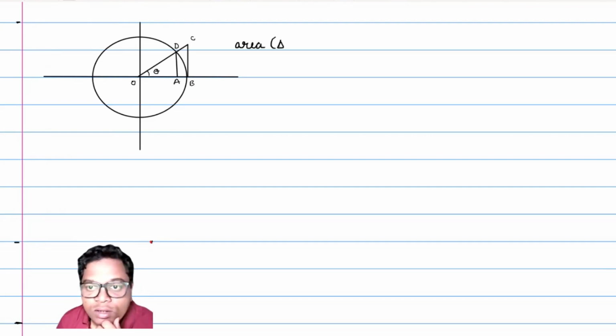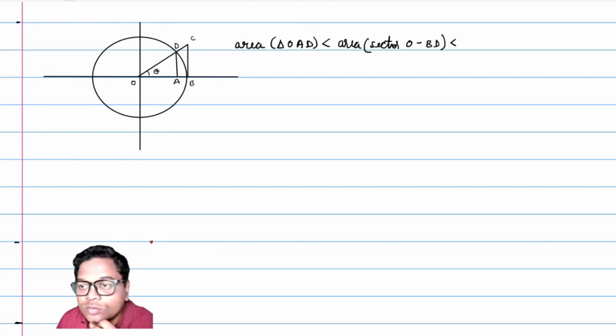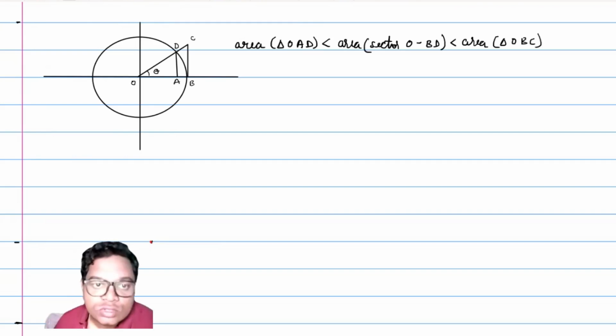Area of triangle OAD is less than area of sector OBD. It is less than area of triangle OBC. This is visually also very easy to observe.